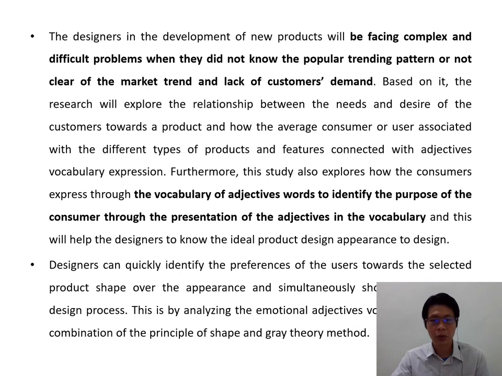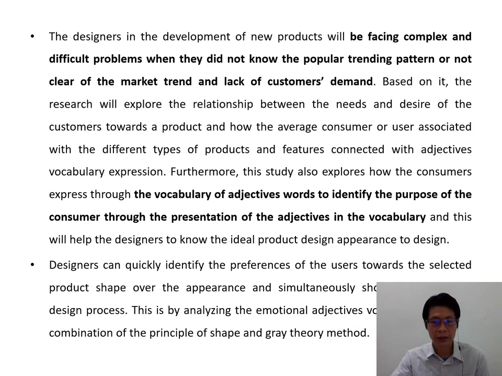This study also explores how consumers express themselves through adjective words to identify their purpose. This will help the designer know the ideal product appearance to design. Designers can quickly identify the user's preference in product shape and appearance, and thereby shorten the product design process.